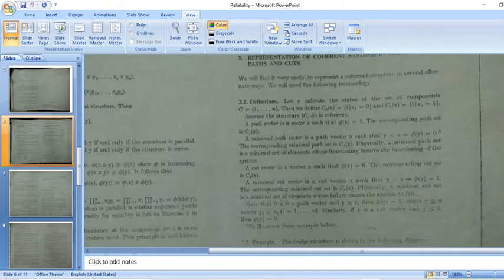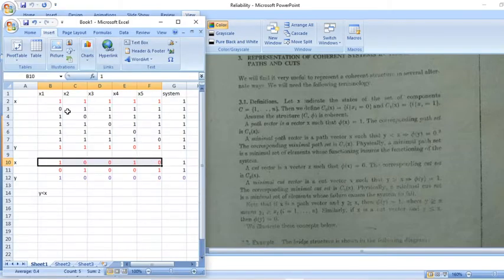Let x indicate the state of the set of components x1, x2, x3, etc. Then we can define C0 of x as the set of all i such that xi equals 0.